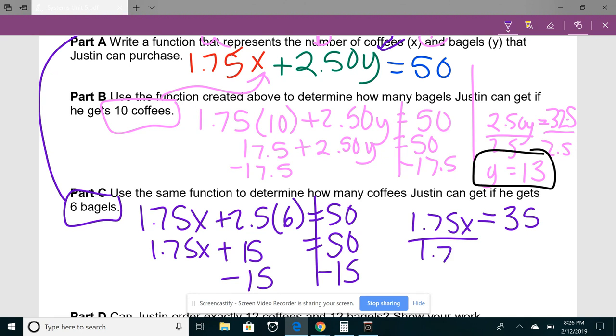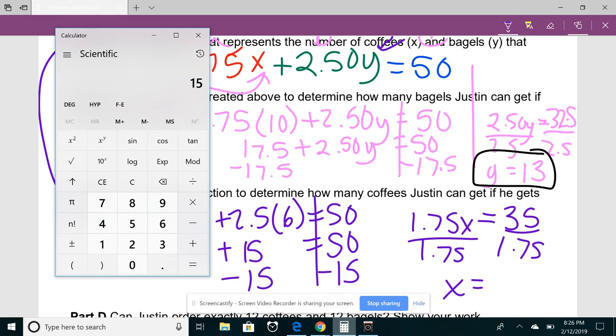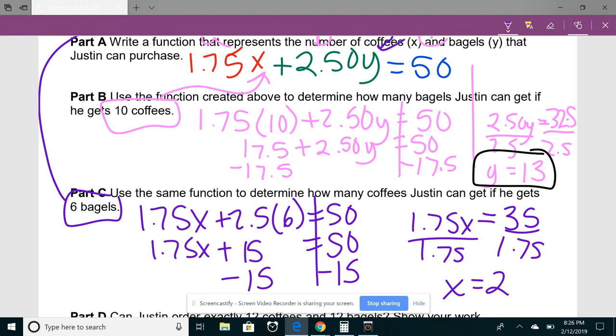Divide both sides by 1.75. And I get my x is 20. So that means I have 20 coffees. So 20 coffees when there's 6 bagels.